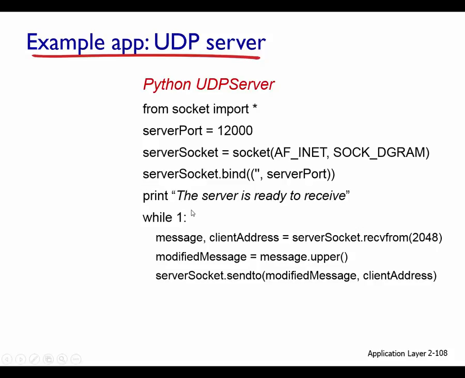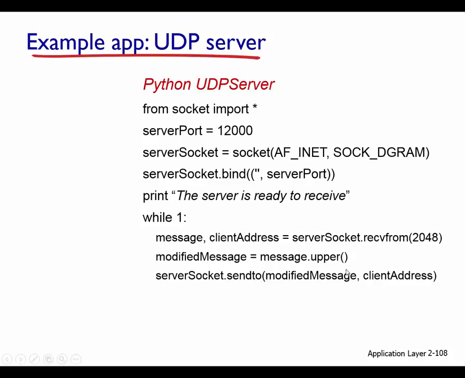The data gets put into the receive from structure, which can get passed to client address and message. So the client IP address and port is assigned to client address, and the message is assigned to message.